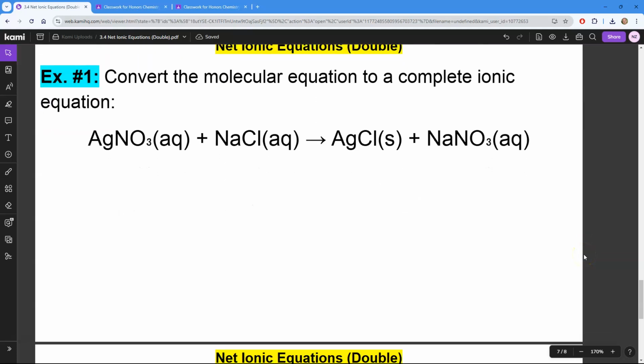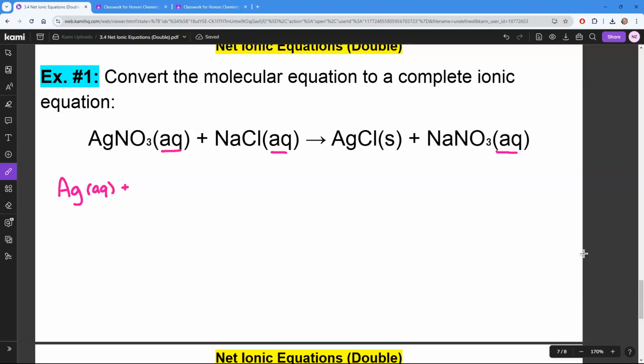Okay, so let's take a look at this example. It says convert the molecular equation to a complete ionic equation. Okay, so anything that is aqueous, we are going to separate into its ions. So I have silver, Ag. We're going to carry down the state of matter.